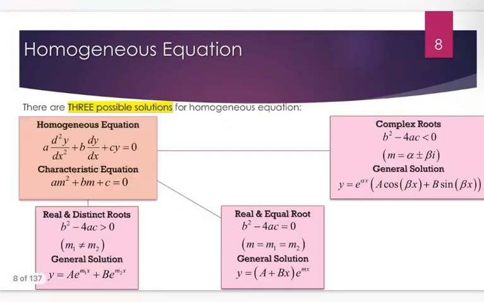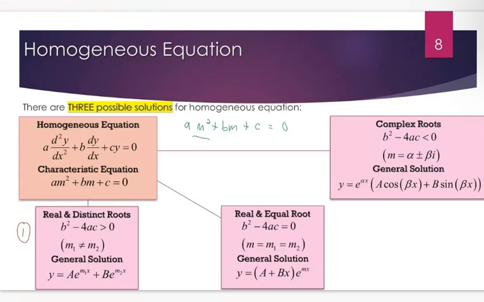So for this quadratic equation, there are three possible solutions, because the highest power of m is 2. The first case is a real and distinct root.